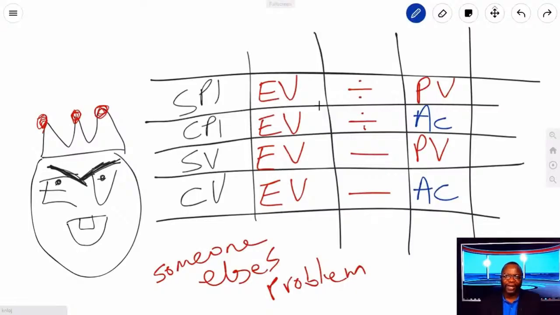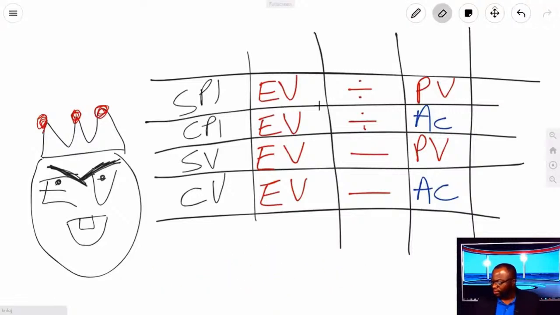He's lying upside down and looking very mad. But anyway, that is how you would memorize these things, folks. All right, someone else's problem, children eat a lot, variances, subtract, indices, divide, okay? And the rest is quite straightforward. So I hope that helps you with the overall remembrance of this stuff.